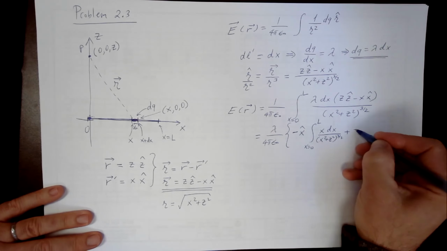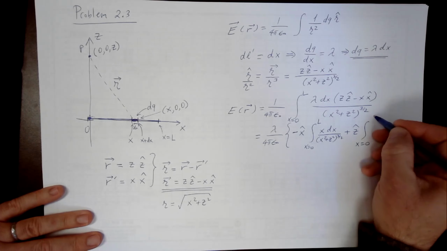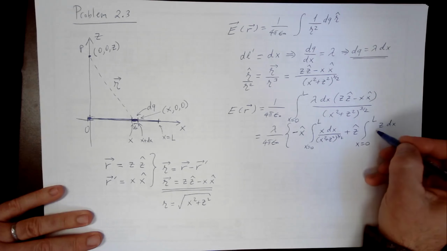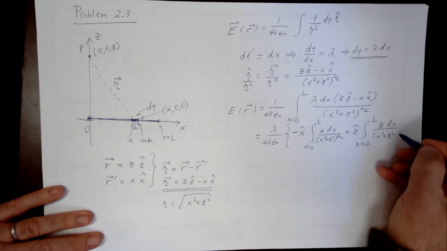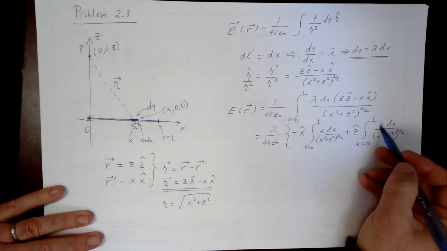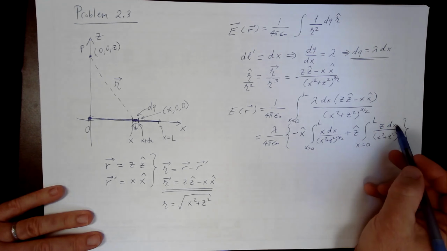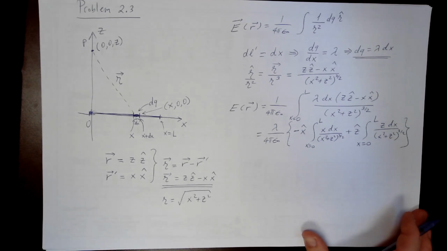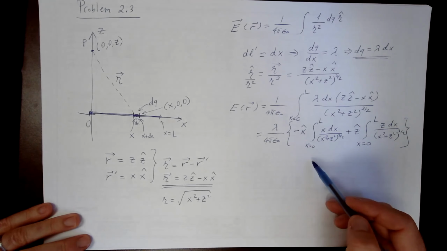And then I have plus z hat integral x from 0 to L, then I have z dx over x squared plus z squared to the 3/2. I could have taken that z out of the integral because the integration variable is x. Okay, so I have two integrals to evaluate here.